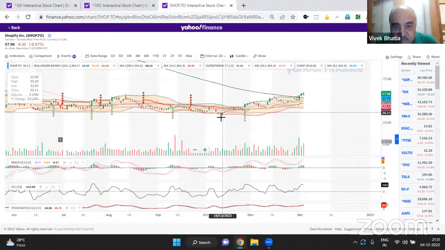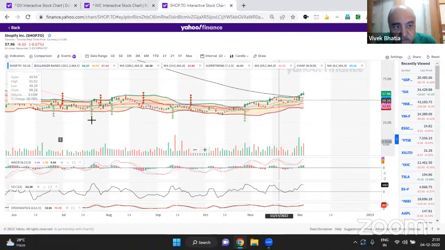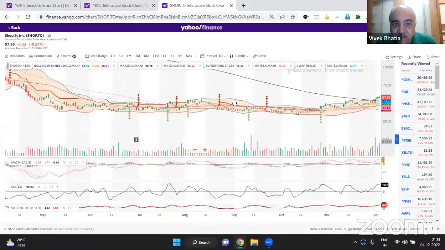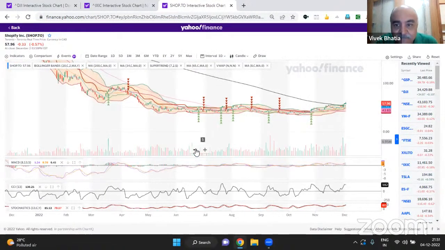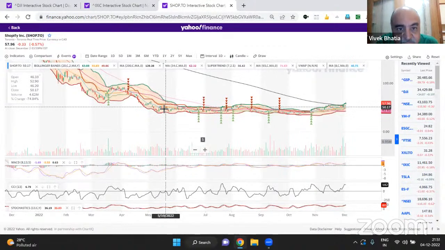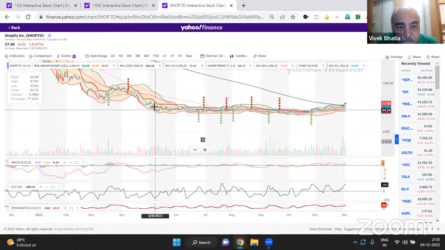First things first, it is just coming out of a long consolidation and giving you a breakout. Look at it this way.